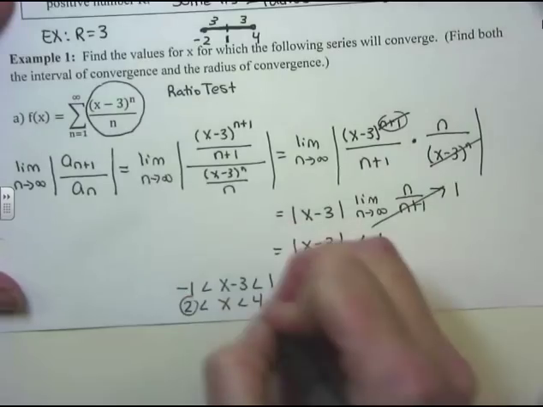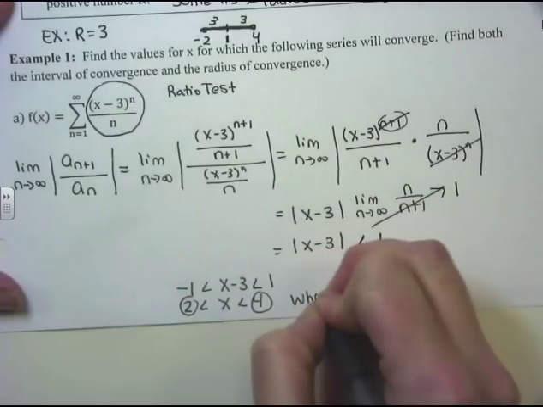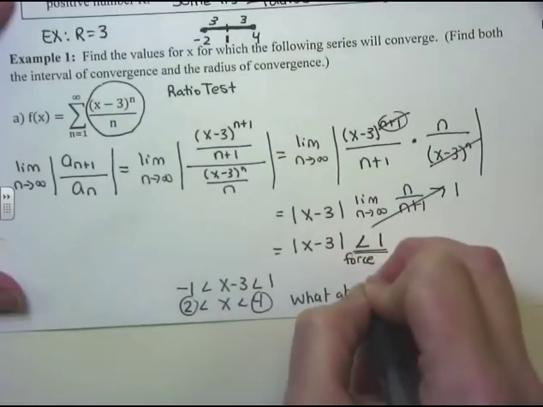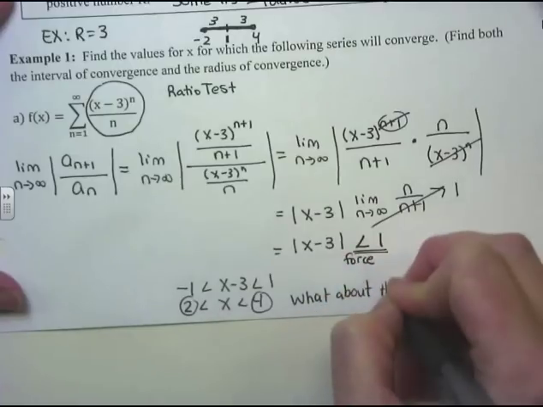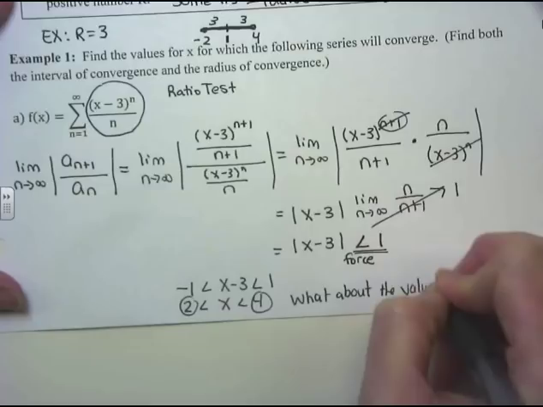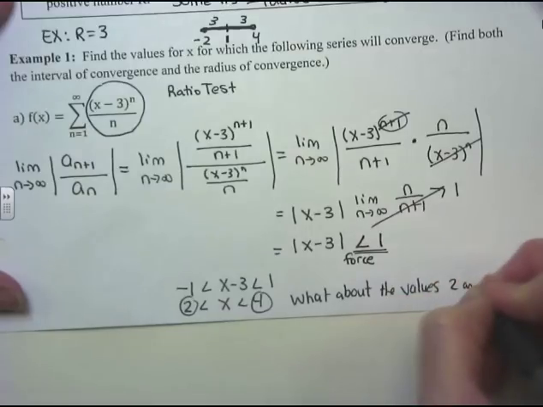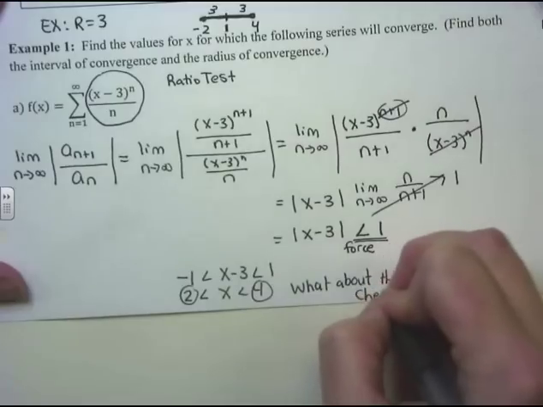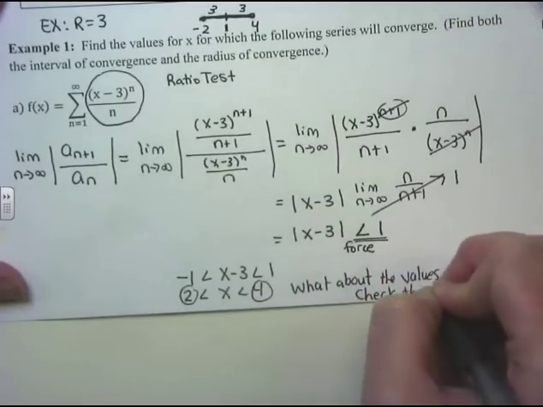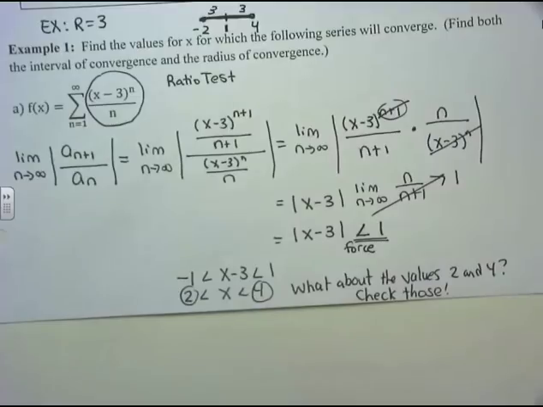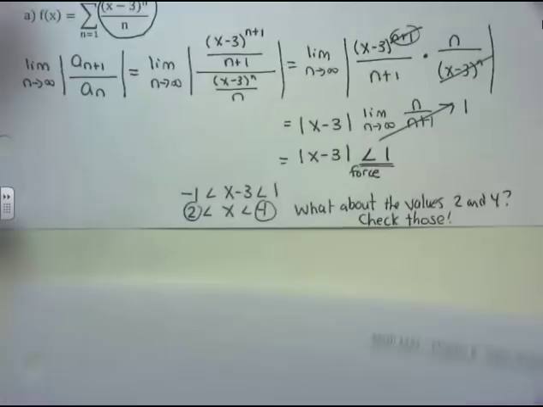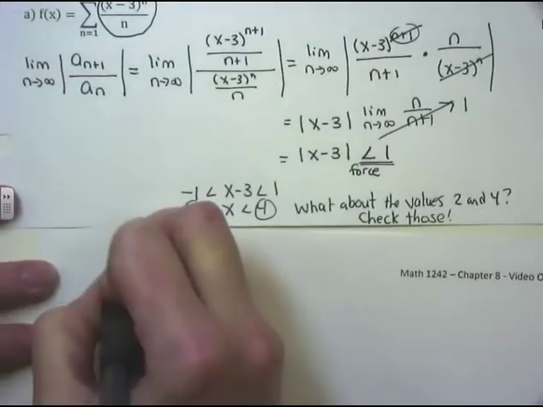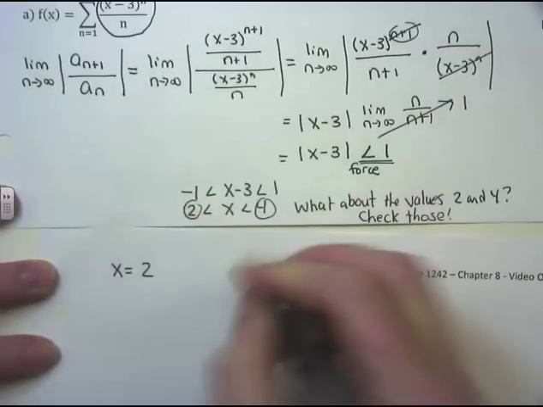We have to talk about what happens at the values, or the endpoints, 2 and 4. The answer is we have to check those. Well, what I mean is I actually want to let x equal 2 and see what happens to our series.